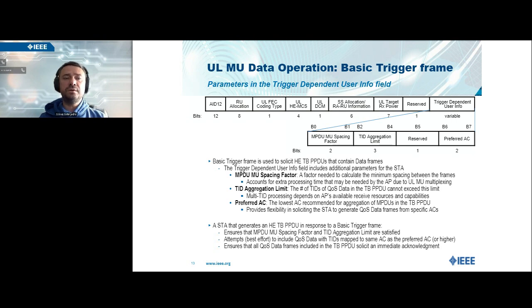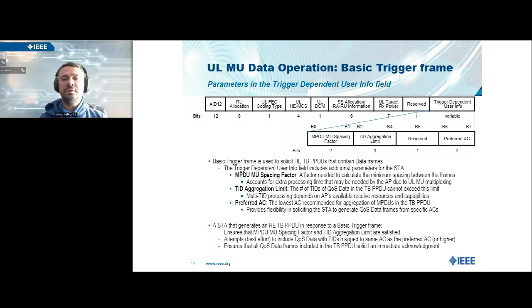So with the information that is contained in the user info field, the station that generates the HE trigger-based PPDU is going to satisfy the MPDU-MU spacing factor and the TID aggregation limit. These are requirements. The MU spacing factor is needed, otherwise the access point will not be able to parse and decode correctly all the MPDUs due to exceeding its speed of processing if the separation is not satisfied.